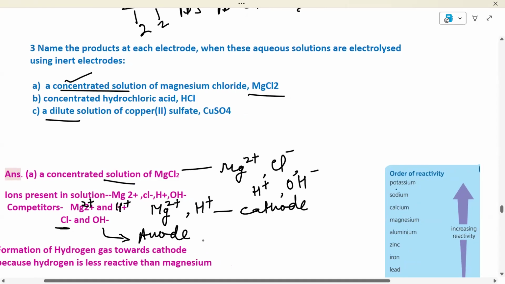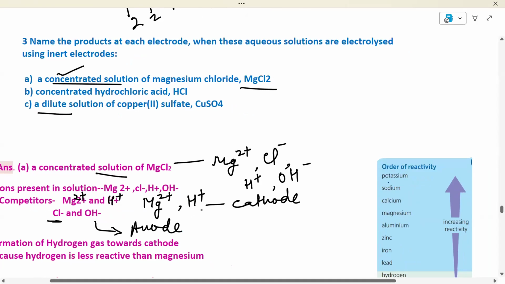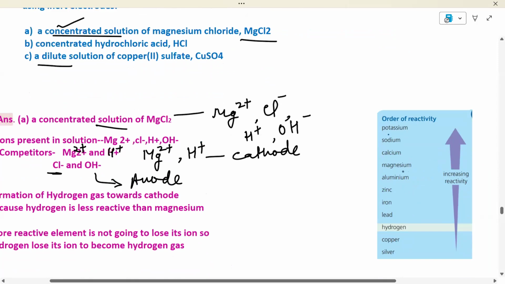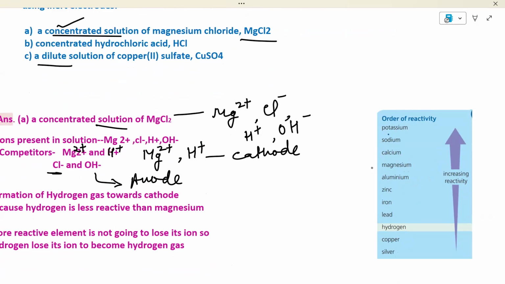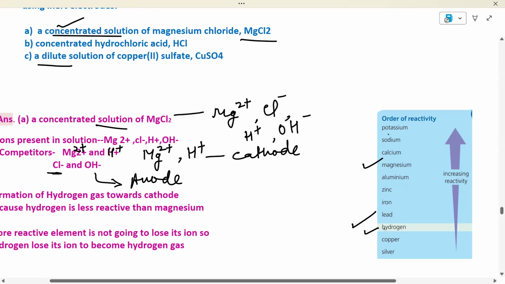Let's see the reactivity series for magnesium and hydrogen. Because which one is going to discharge towards cathode? See, this is the order of reactivity, right? And we can see hydrogen is less reactive than magnesium. And always remember, the less reactive element is going to discharge first, because the one that is more reactive is capable of maintaining its ionic state.